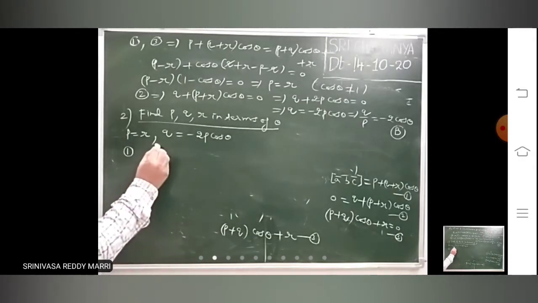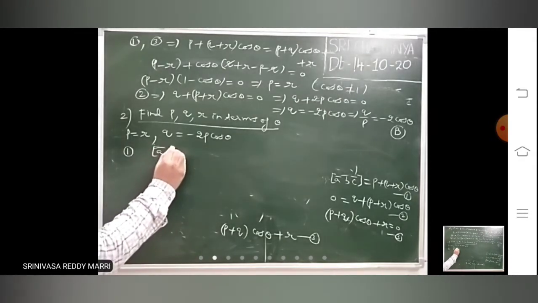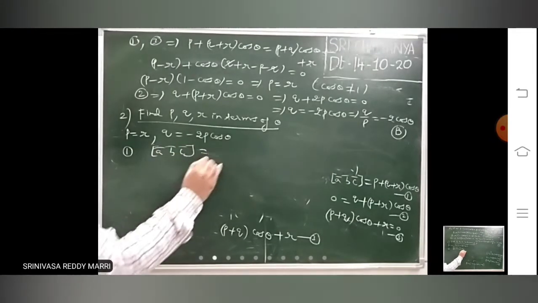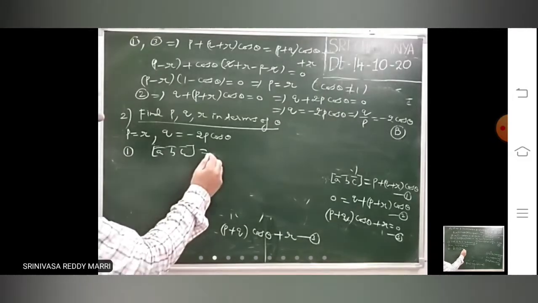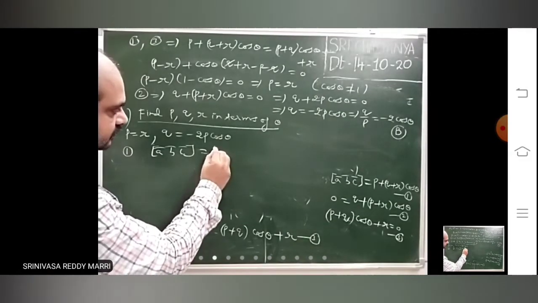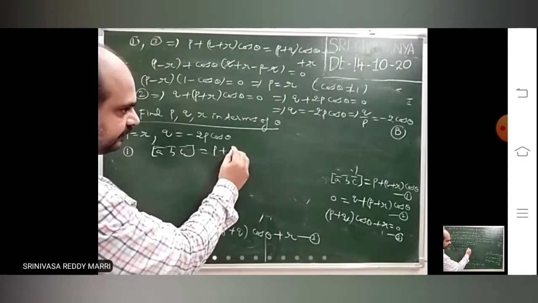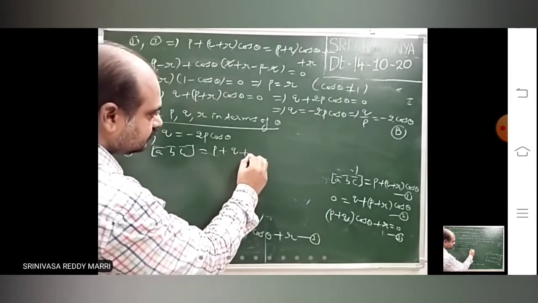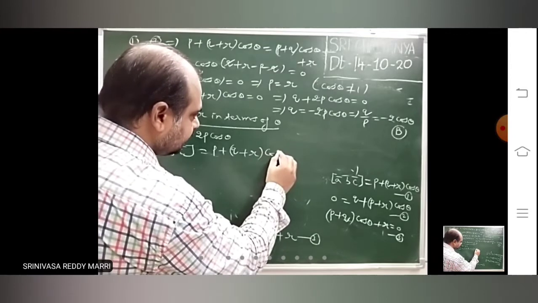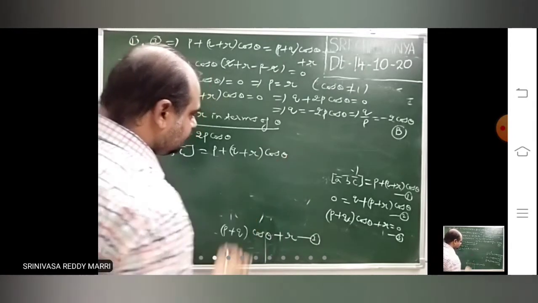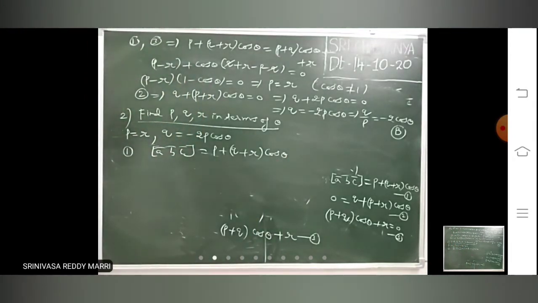The first equation is what? Box of A bar, C bar, A bar, B bar, C bar equals P plus Q plus R cos theta. This is the one.